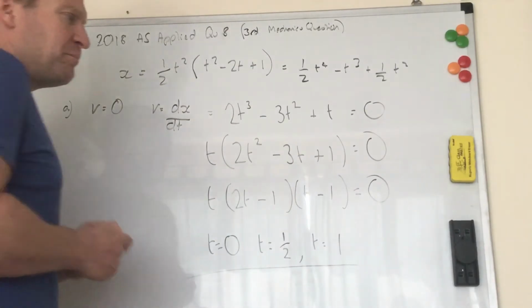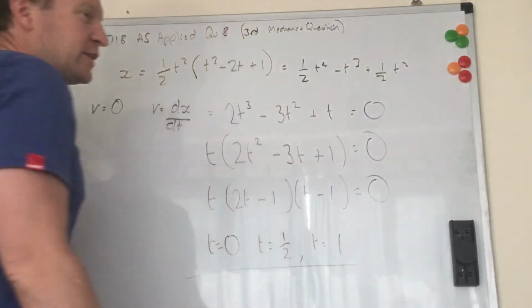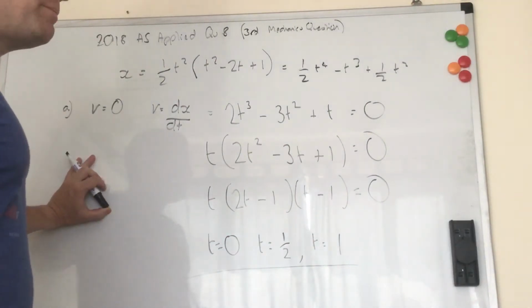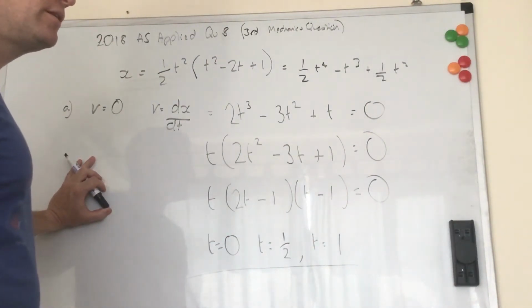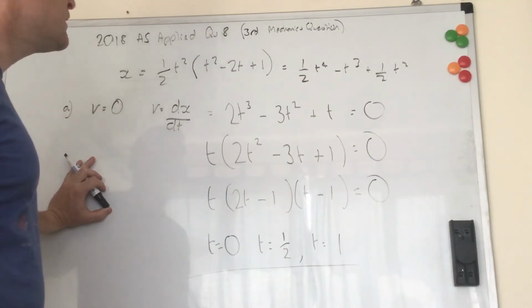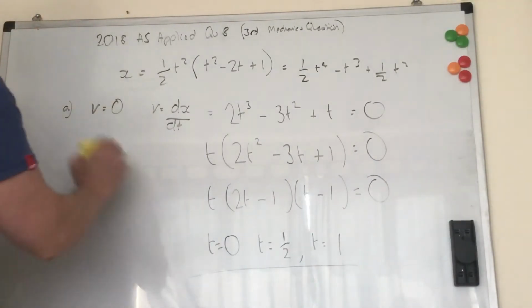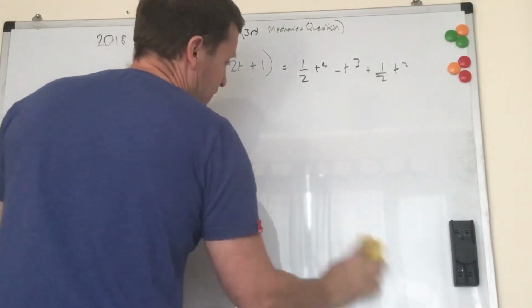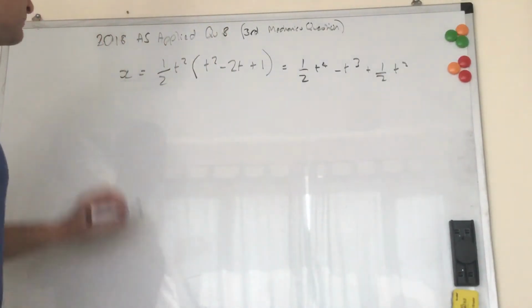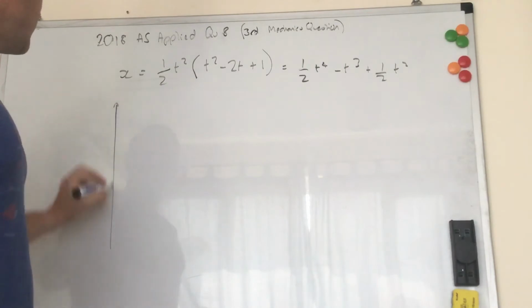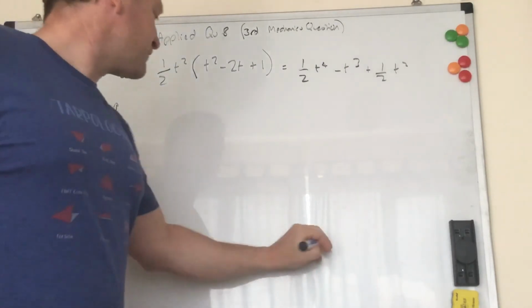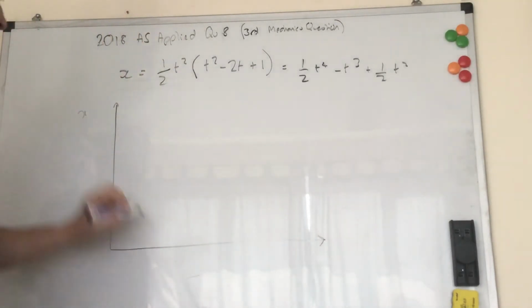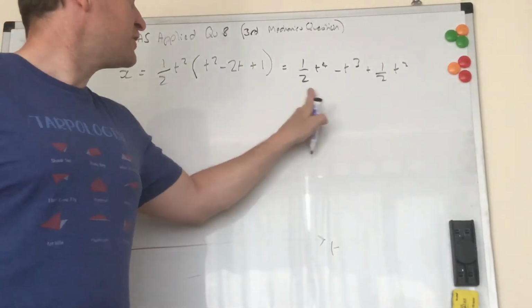Okay, b is a bit more confusing. Find the total distance travelled by P in the time interval 0 to 2. Okay, so I sketched a graph because I'm sad like that. I said, well, we sketch a graph of the displacement x against t, so I want to draw this graph.